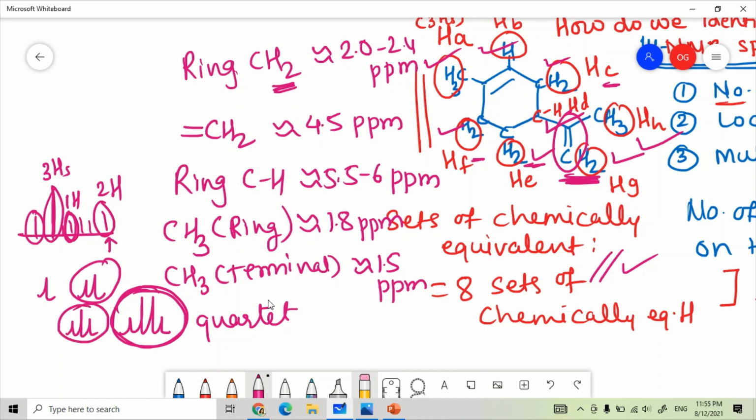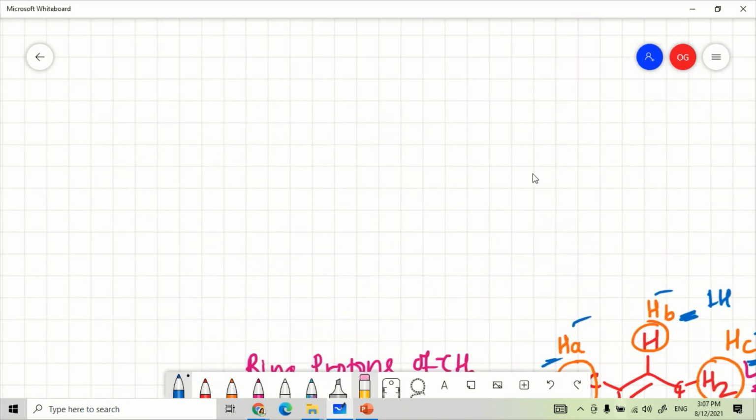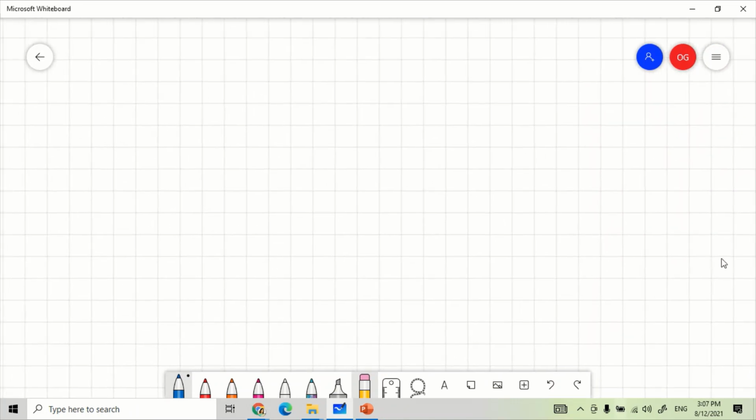Each peak is splitting because of the protons present on the adjacent carbon. I am not giving that detail here; for that you can refer to my other video specially on NMR. So let us quickly see what happens in the mass spectrum.